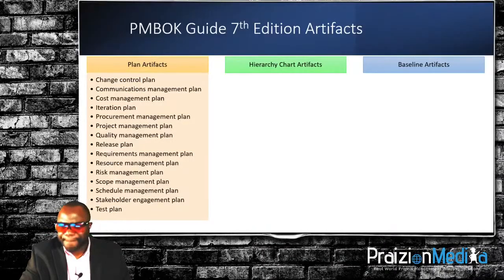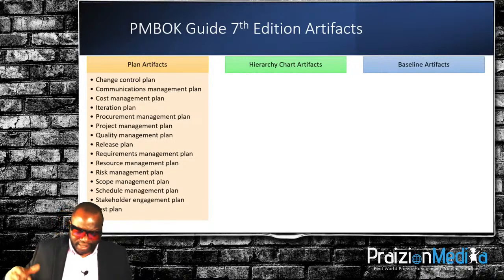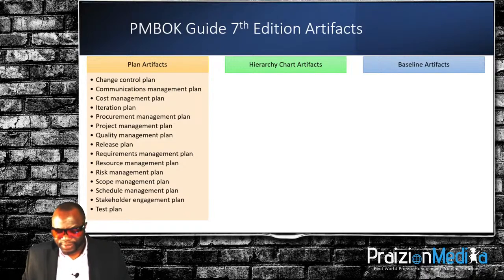All right, let's go back. Next one here after release plan is requirements management plan, a plan for how to manage requirements. Resource management plan, a plan for how to manage your resources. Risk management plan, a plan for how you manage risks, taking into account the thresholds for stakeholder tolerances concerning risk, probability and impact matrix format, how you will score the risks, what probability of high, medium, low, very high would look like.